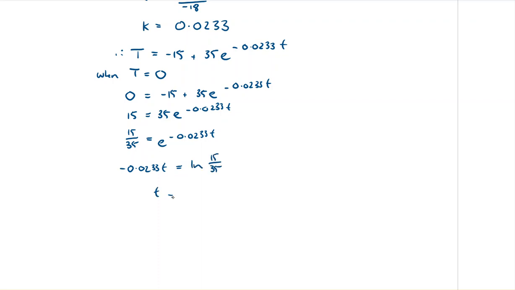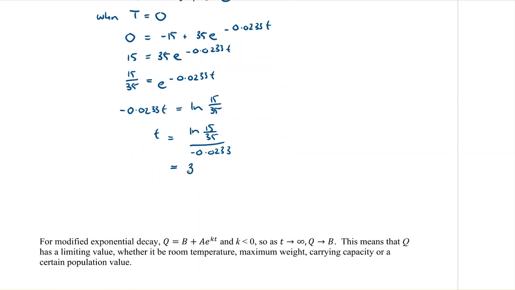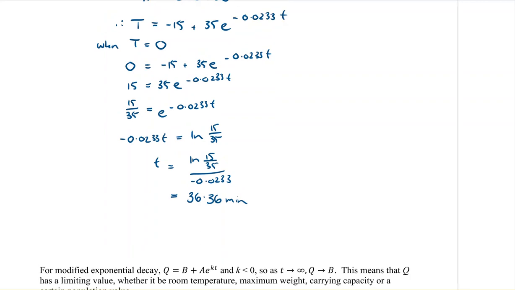And finally, divide by your constant, k, the minus 0.0233, and you will get 36.36 minutes. But there's just one tiny bit of interpretation here.